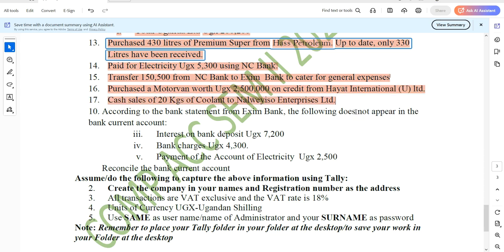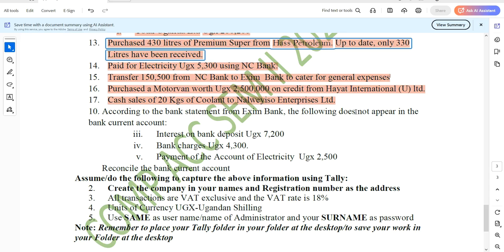According to the bank statement from Exim Bank, the following does not appear in the bank current account. What do we have to do?